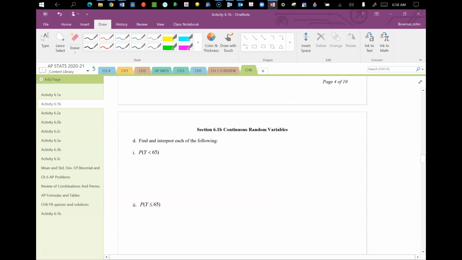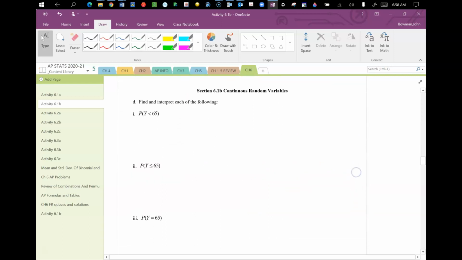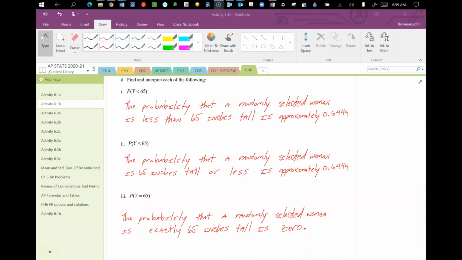So to finish up here, I would like you to take a moment and find these 3 values and interpret them in context. And this is what you should have found for each of these. The probability that a randomly selected woman is less than 65 inches tall is approximately 0.644.